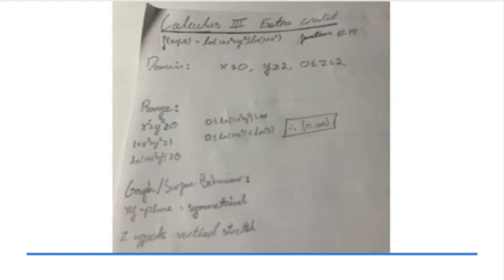Now, the range, I went ahead and solved for it. It's x squared plus y squared is greater than or equal to 0. This is true for all real values of x and y. And then we add 1 to both sides and find the natural log of both, and we find that the first term, ln of 1 plus x squared plus y squared, is always going to be greater than or equal to 0.